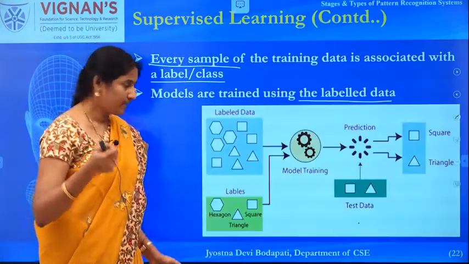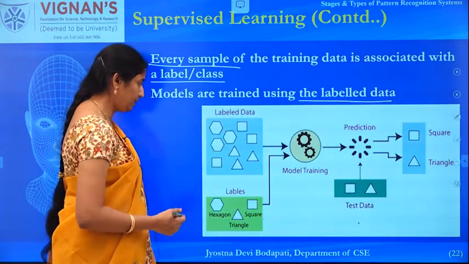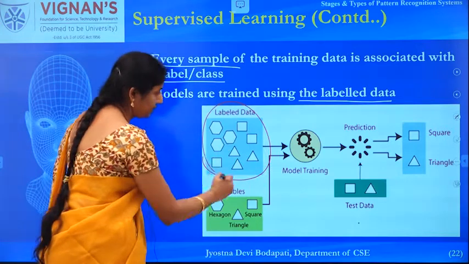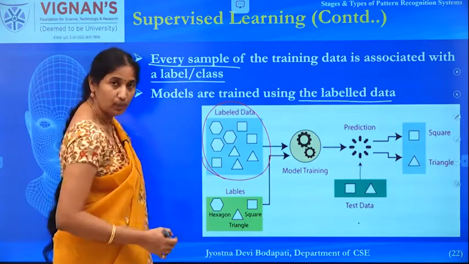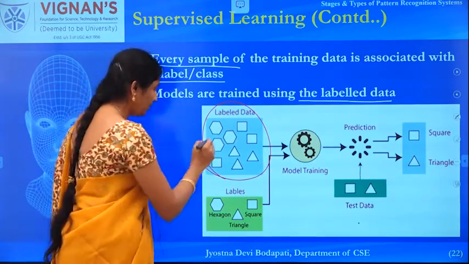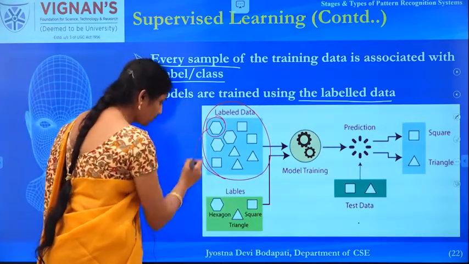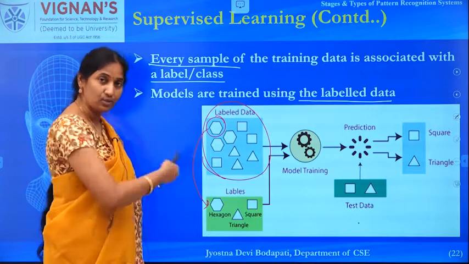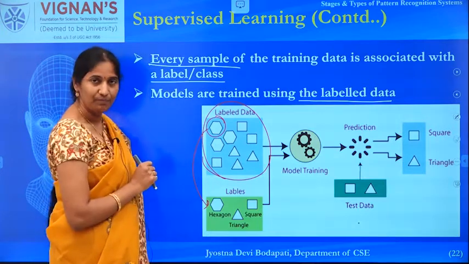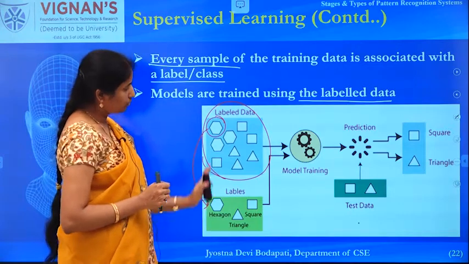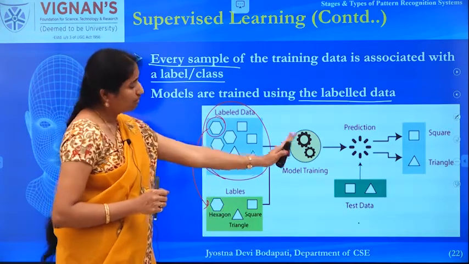Consider this example that I am using. These are the samples that I am going to give as input to the model. Along with this object, I will say that this is a hexagon. That is the label that I am associating with this kind of object. So not only the data, I am passing this label along with the data to the model.